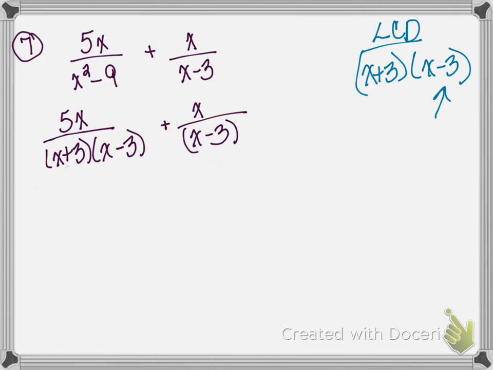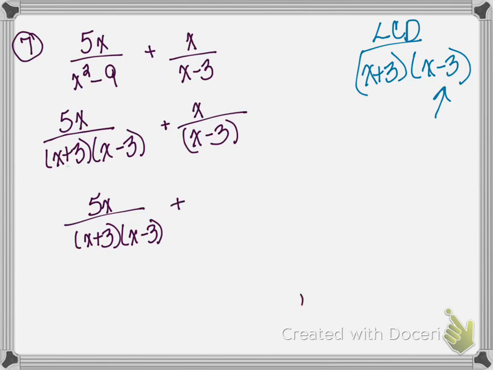now I can rewrite 5x over x plus 3 times x minus 3. Am I missing anything in the denominator? X plus 3, x minus 3. Do I have my LCD covered for this one? I do, so I don't have to do anything else to that.